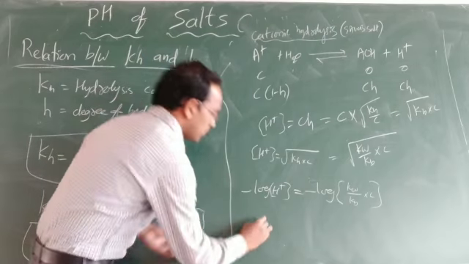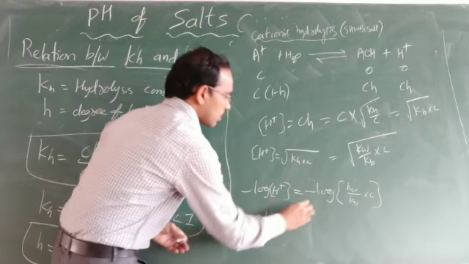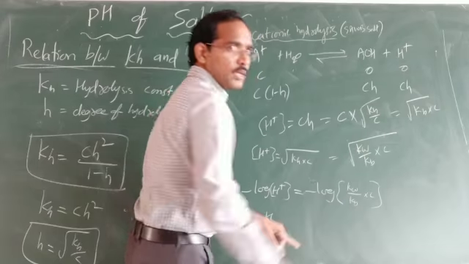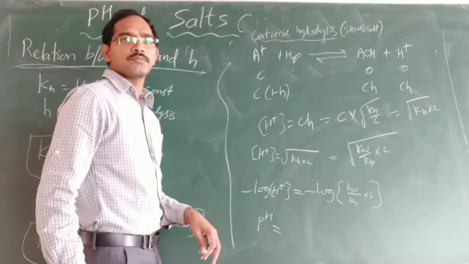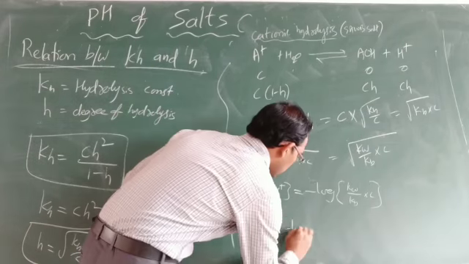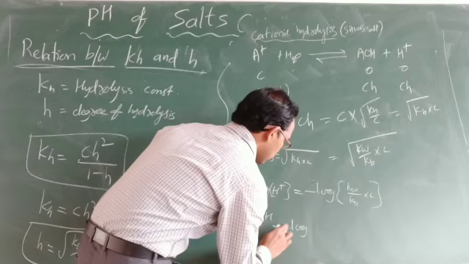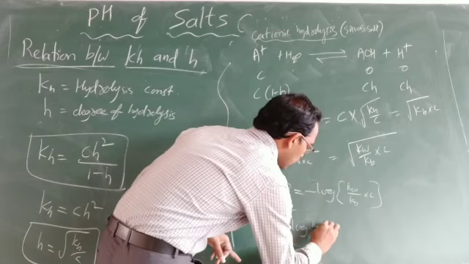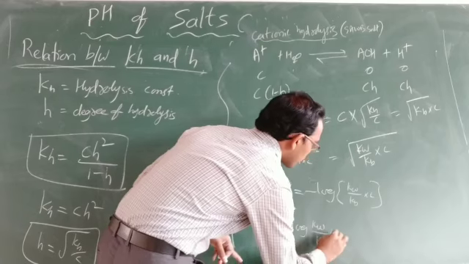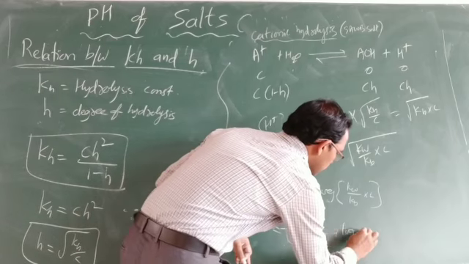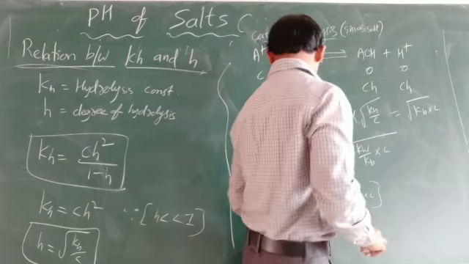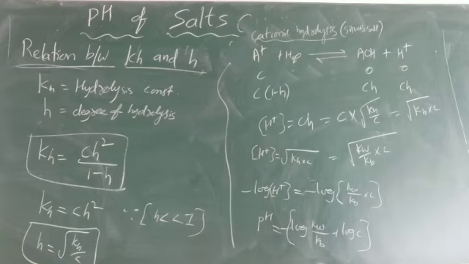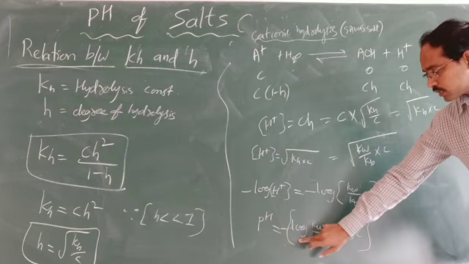Now this is nothing but the pH. Now next step. Log A into B equal to log A plus log B. Log A minus, log minus to keep it outside. Log KW by KB plus log C. This step is clear. This is equal to pH हो गया.